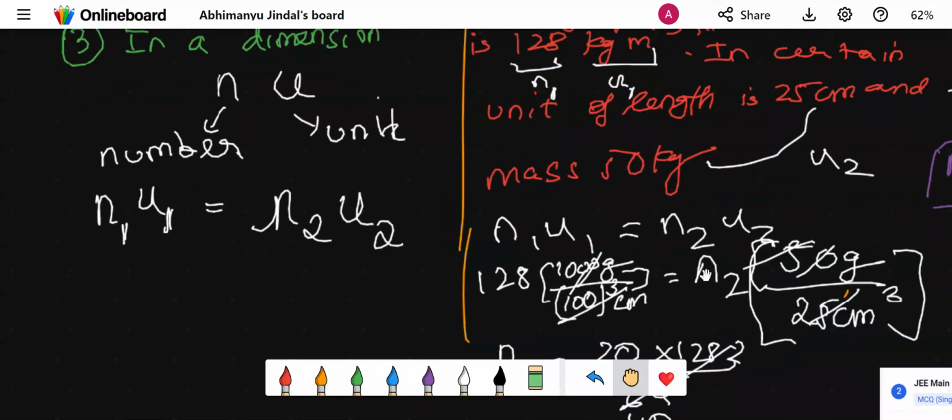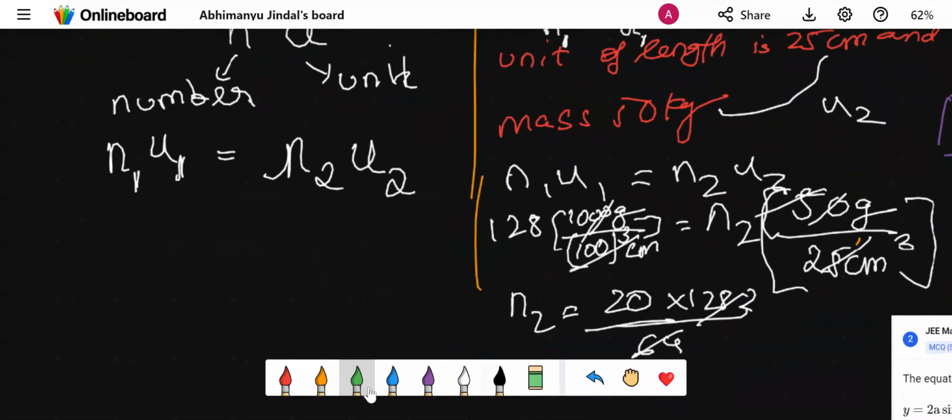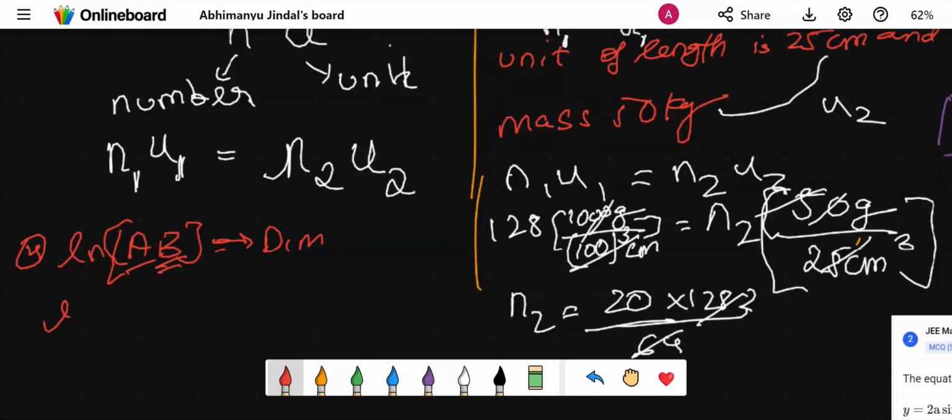Another very important rule which I wanted to tell you guys, and there are many questions in JEE about this one, which is, let's say there's ln of something, right? Log base e of ab, where a and b are two quantities. Here ln of ab is dimensionless, as well as a into b is also dimensionless.